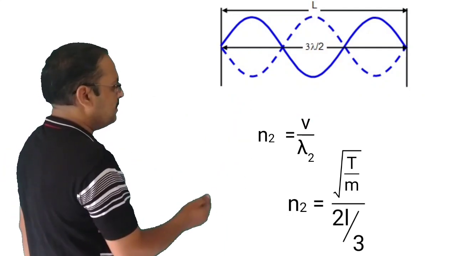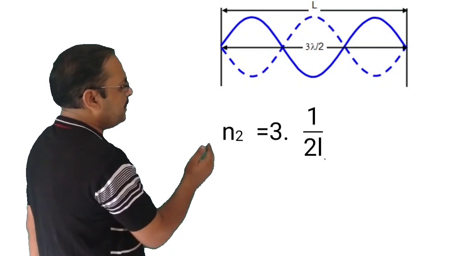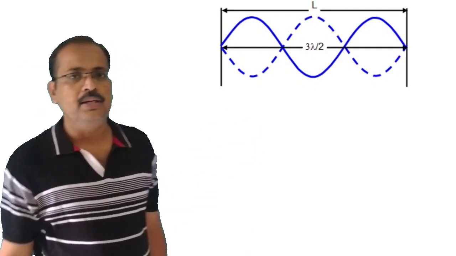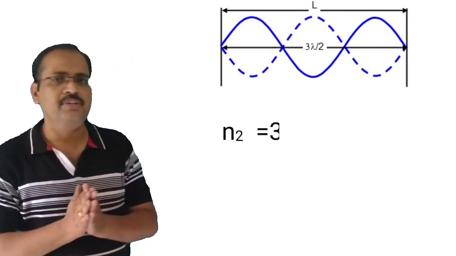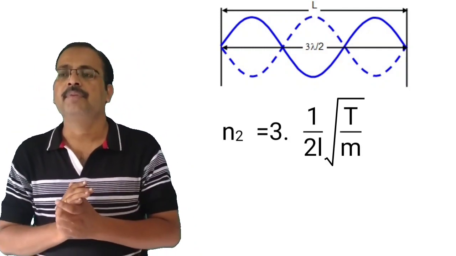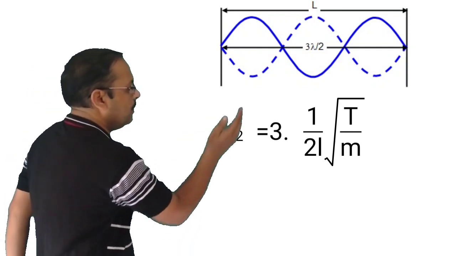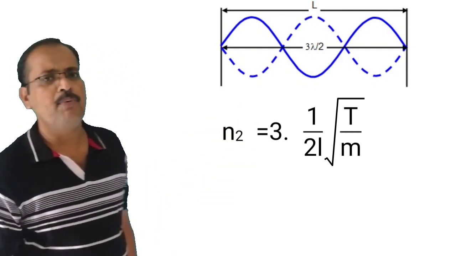By adjusting this, N2 is equal to 3 into 1 upon twice L under root T upon M.